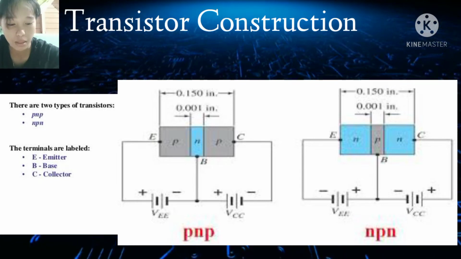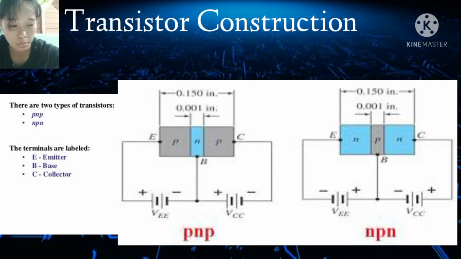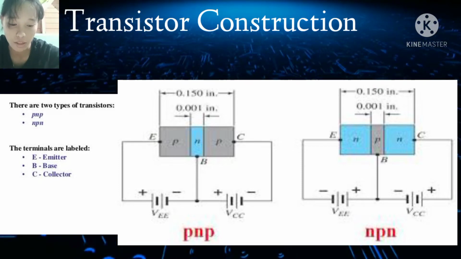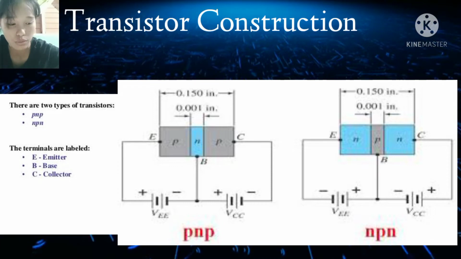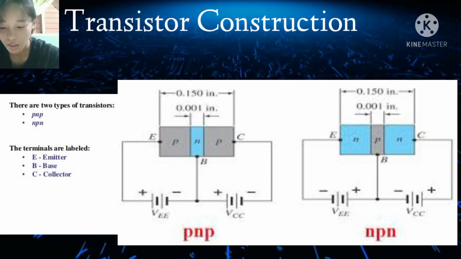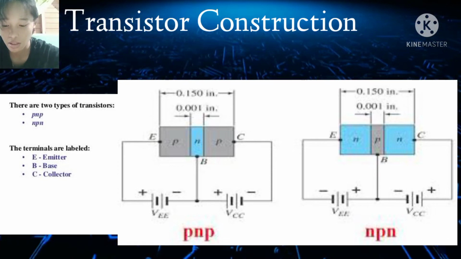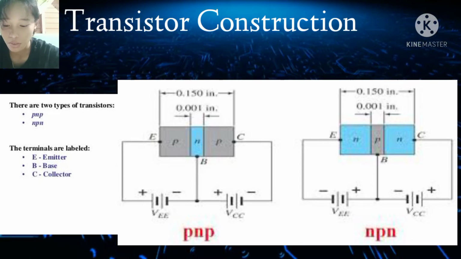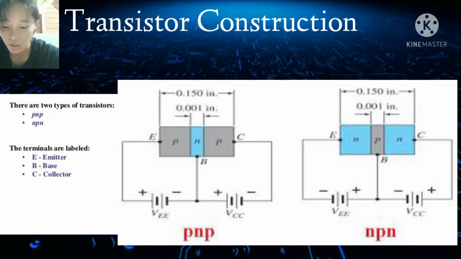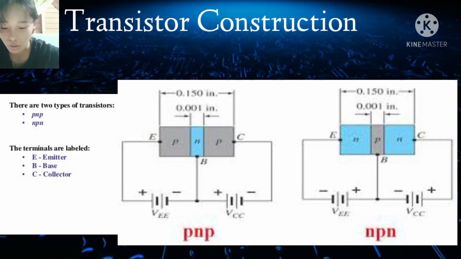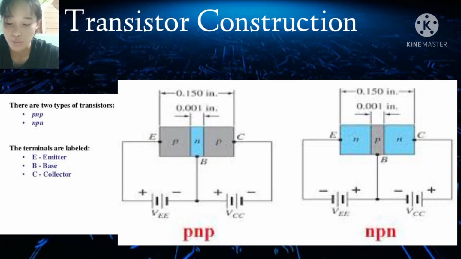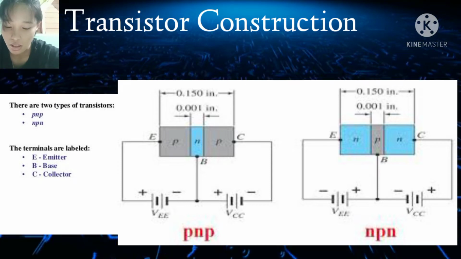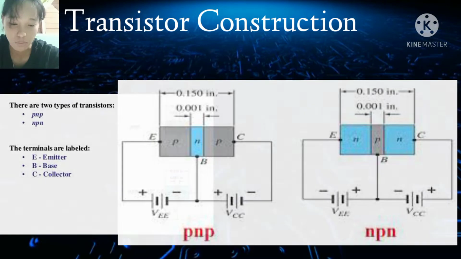The PNP transistor consists of two P and one N-type layer material, while the NPN transistor consists of two N and one P. Its terminals are labeled as the emitter, which is the E, as we can see here in the pictures, the B is for the base, and C is the collector.